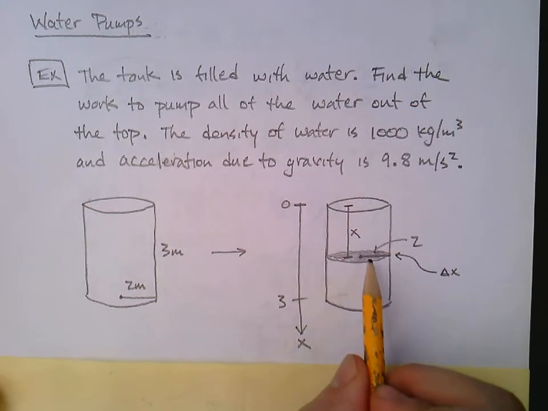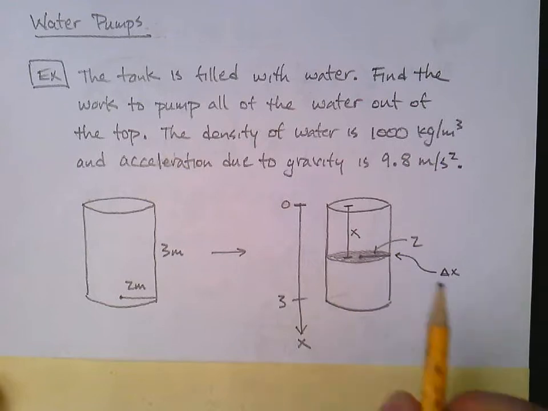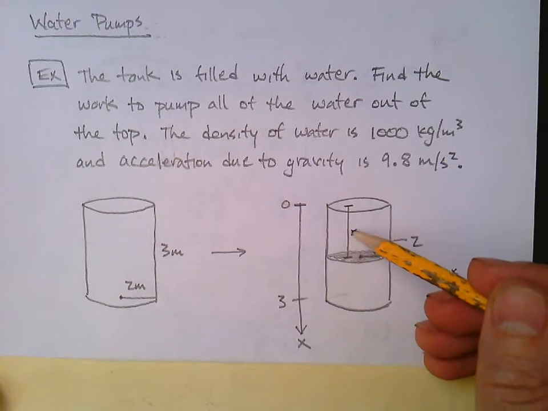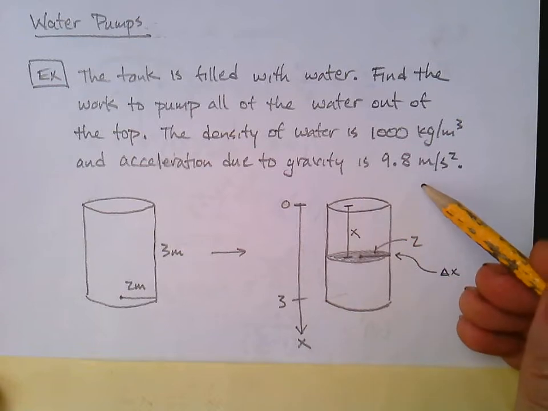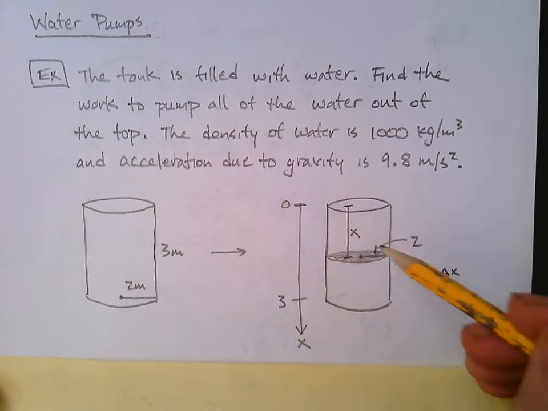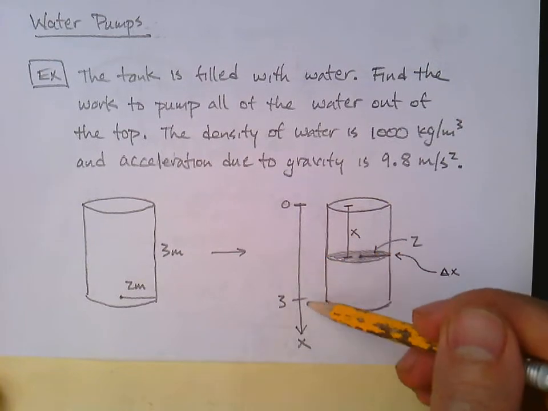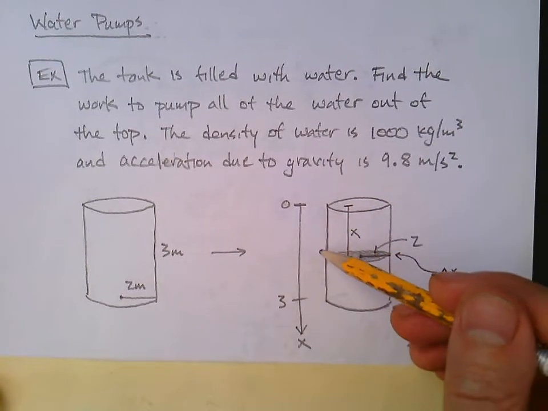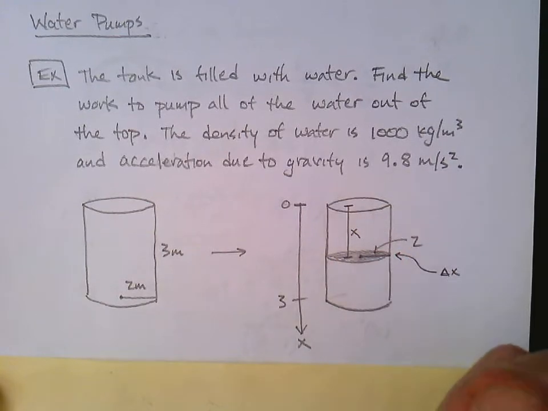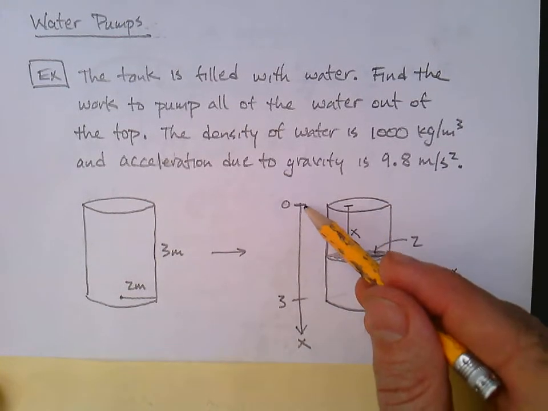Okay, so I've drawn an infinitely thin little layer of water, and I've noted that it has a distance of x to get up and out of the top. How far does that have to go to get out? x, and that comes from the way I set up my axis, right? Wherever this is located, that's how far it has to go to get out. So if I'm closer to the top, it has a very small distance.